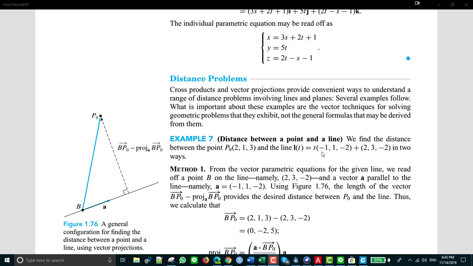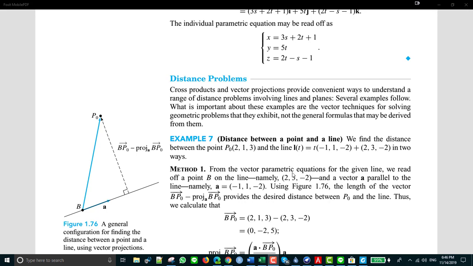So here, remember, this is t. We wrote this before, like tA plus B, and this would be r of t. So if this is the equation of the line, then this is a given point on the line, and this is the vector, which we called A before, that is parallel to the line.